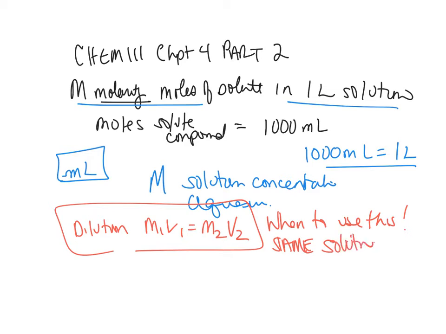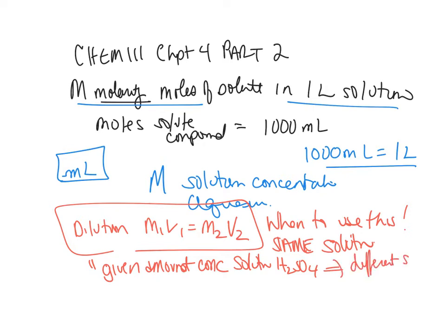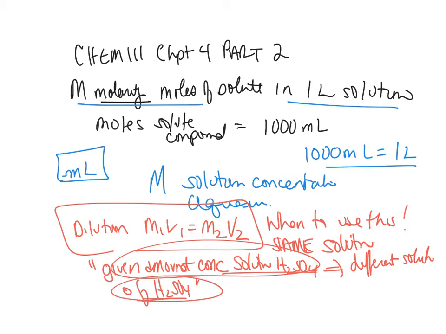So if you are provided with a given amount or concentration of a solution, let's say sulfuric acid, and then you wanted to make a different solution of sulfuric acid. When you look for this in the type of questions, you see that you're given one concentration of the solution and then it asks for another concentration of the solution or a volume.